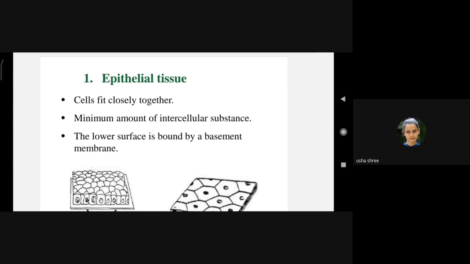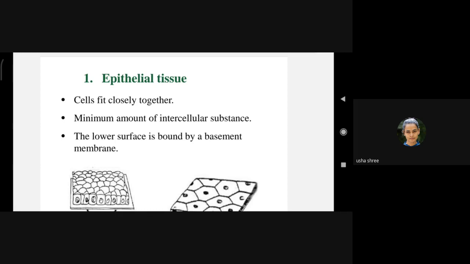Every intercellular space is filled with some material like body fluid or blood. So if the space between two cells is very little, then the intercellular substance will also be very minimum.